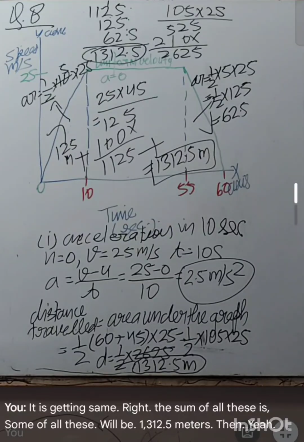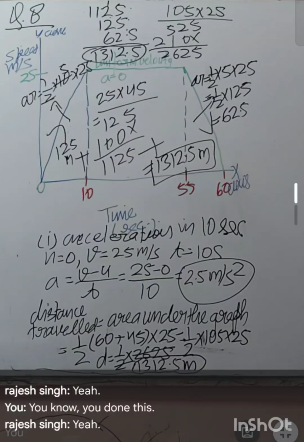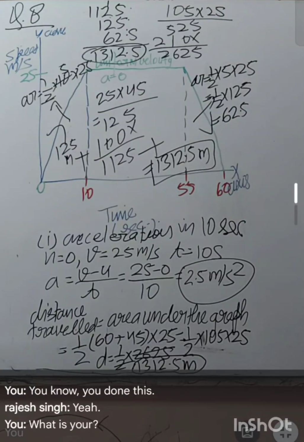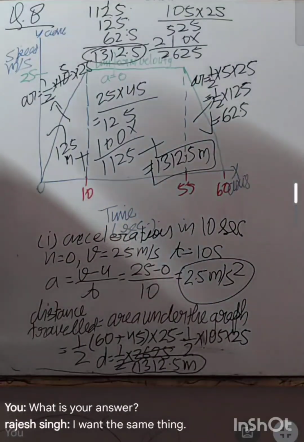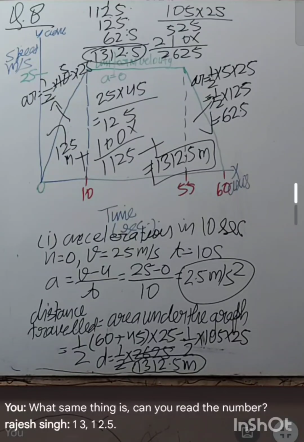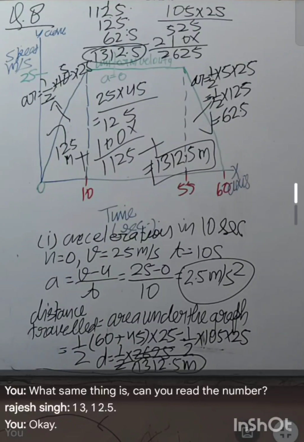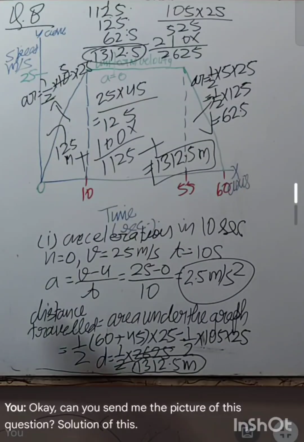Yeah. You done this? Yeah. What is your answer? I got the same thing. What same thing is? Can you read the number? 1312.5. Okay. Can you send me the picture of the solution of this question?